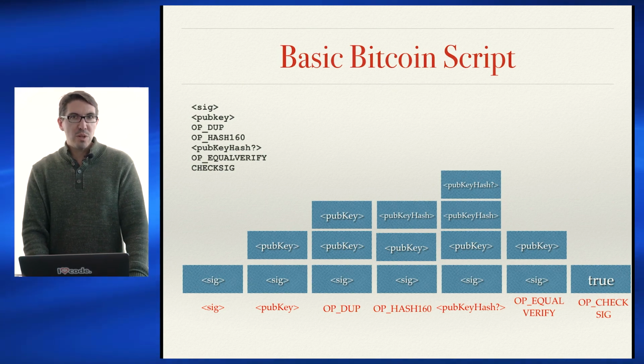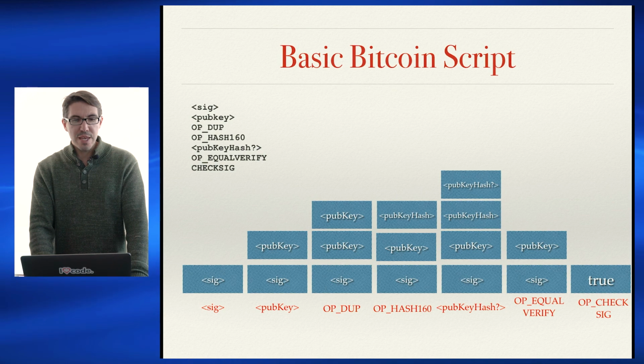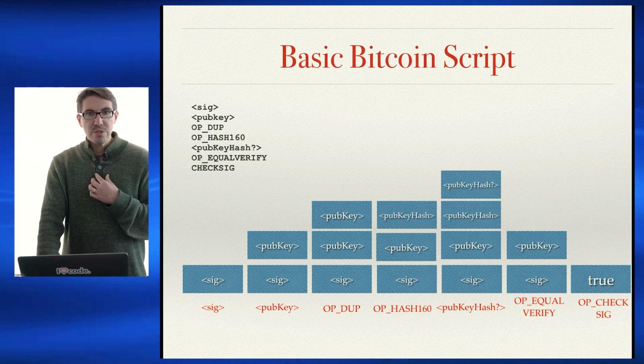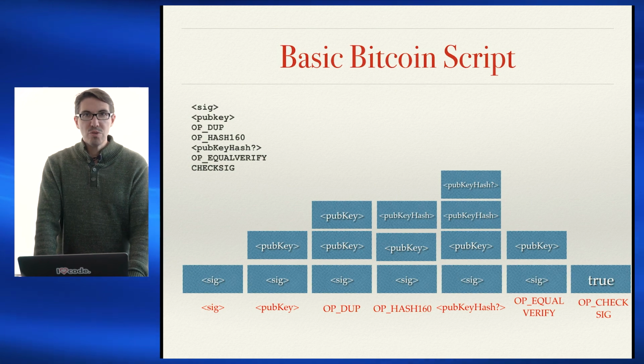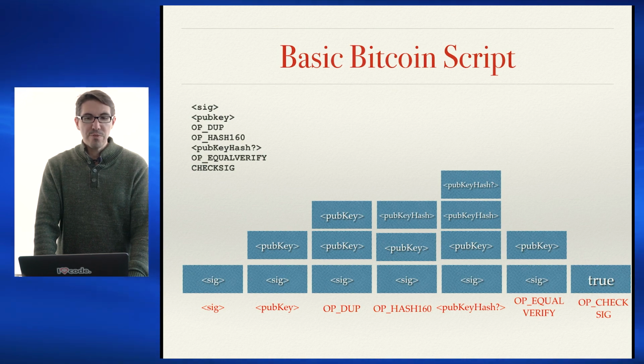The only way this will occur is if the user who was sending the Bitcoin had access to those coins and was sending it to a valid address. If they didn't, then OP_EQUALVERIFY will fail, and this Bitcoin transaction will be considered invalid.